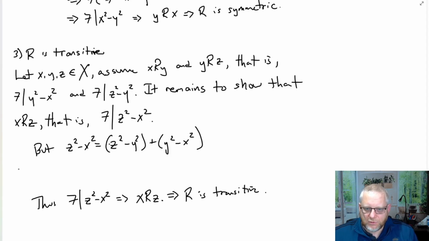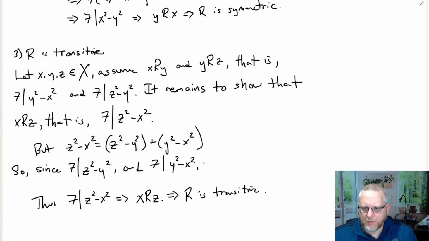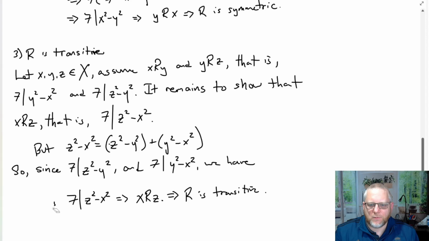But this is true, and so since 7 divides z squared minus y squared, and 7 divides y squared minus x squared, we have, there you go, 7 divides z squared minus x squared.